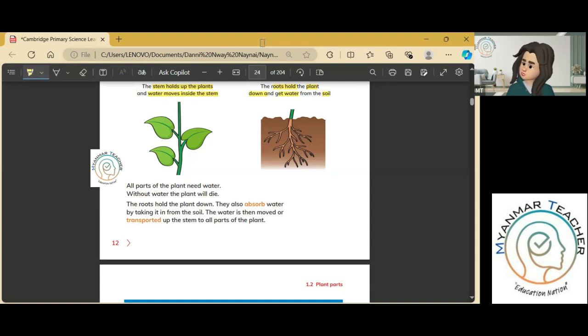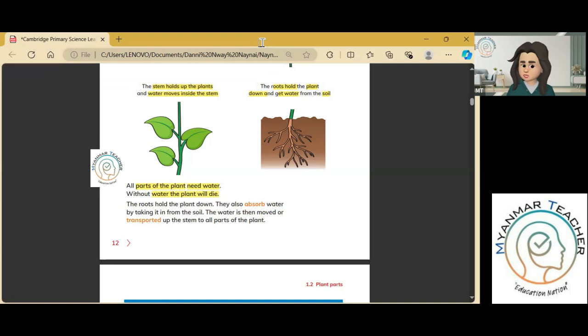All parts of the plant need water. It's very important. Mostly it gets it from here, but they transport it everywhere. Without water, the plant would die. Same with animals and humans, because we can survive a long time without food, but water we cannot. We cannot survive without water for about 2 days.